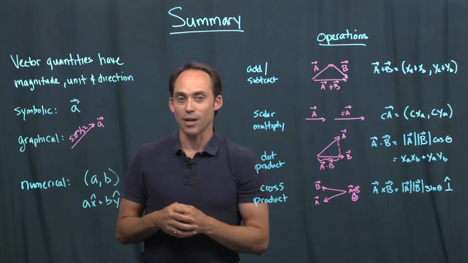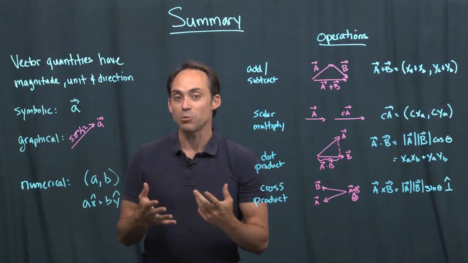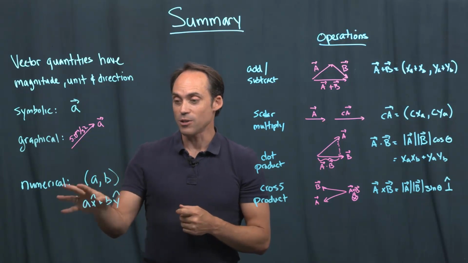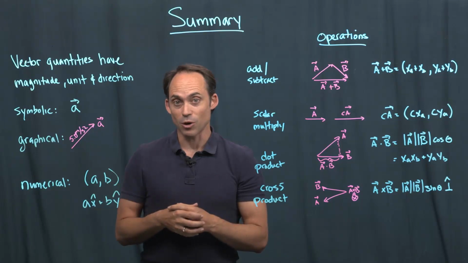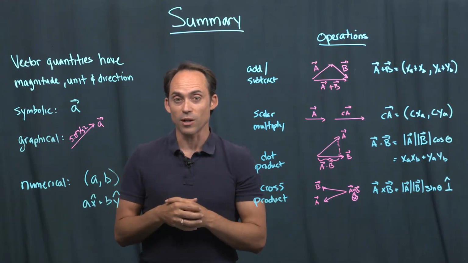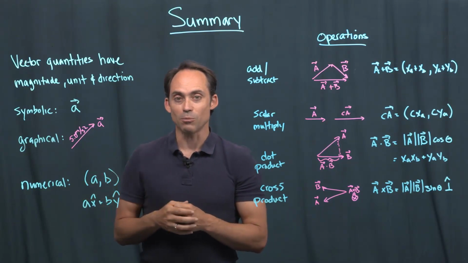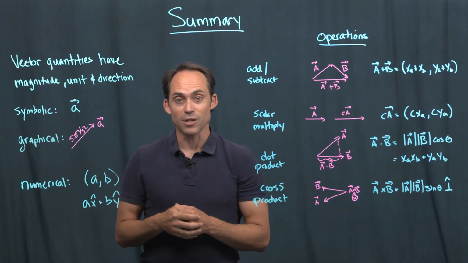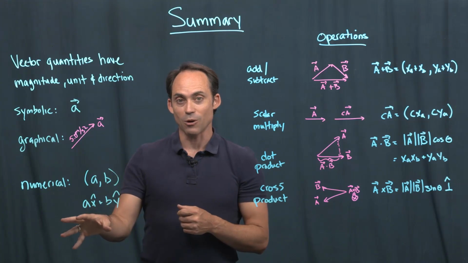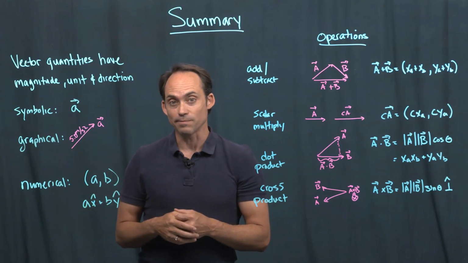So here, for example, I have an A arrow where I've drawn it with some length that corresponds to 5 meters per second squared. We also have numerical representations for vectors where we can break it down in terms of the coordinates of our coordinate system. And so that might be in this sort of parentheses notation, or it may be represented using unit vectors, where you're multiplying the coordinates by the individual unit vector.